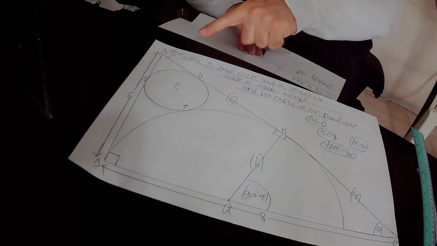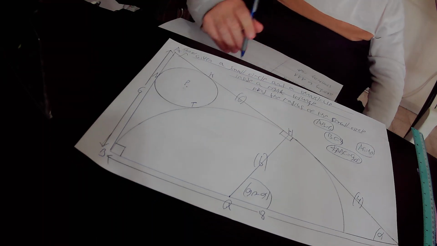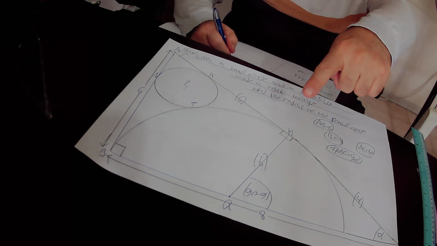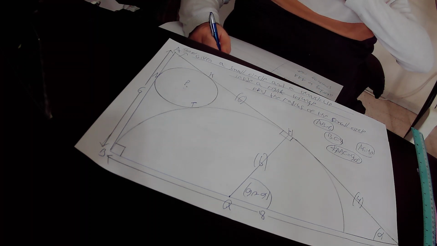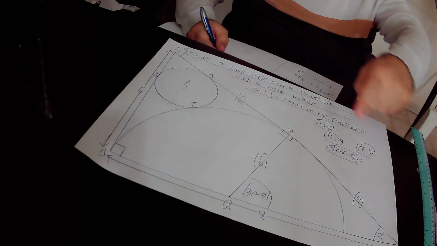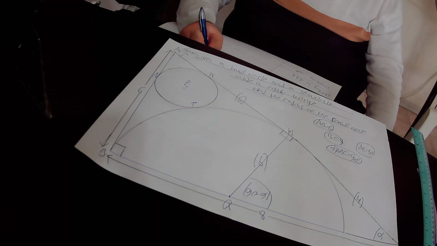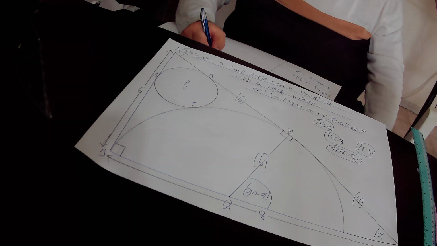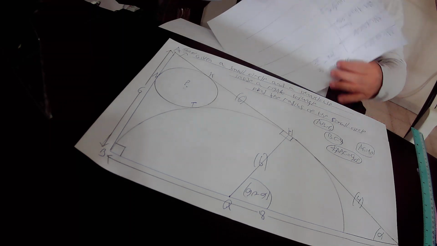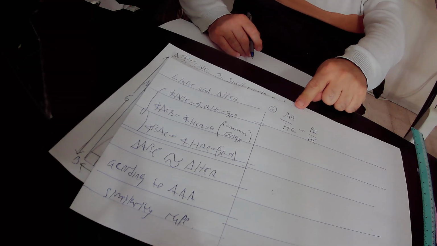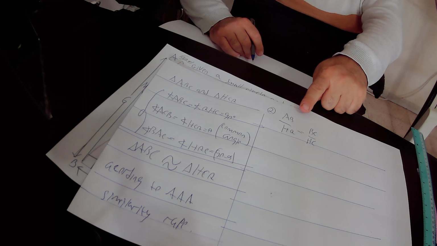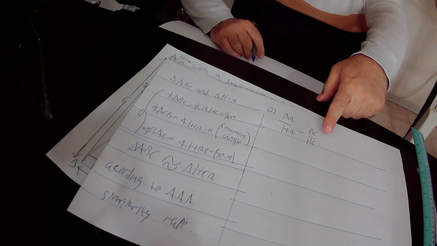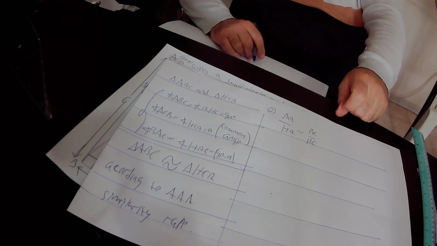We will derive that side AB in the big right triangle ABC over side HQ in the small right triangle HCQ equals side BC in the big right triangle ABC over side HC in the small right triangle HCQ. Okay.